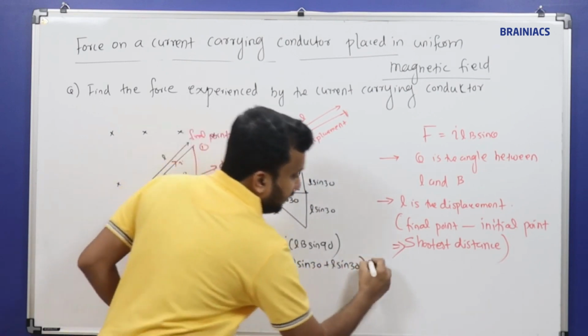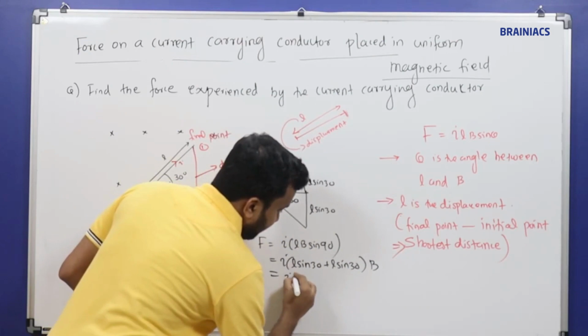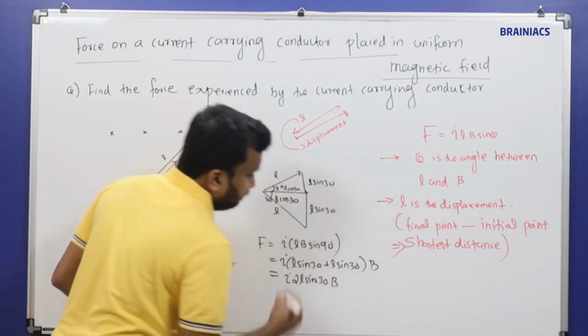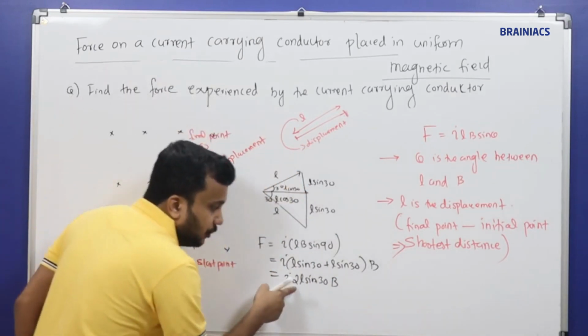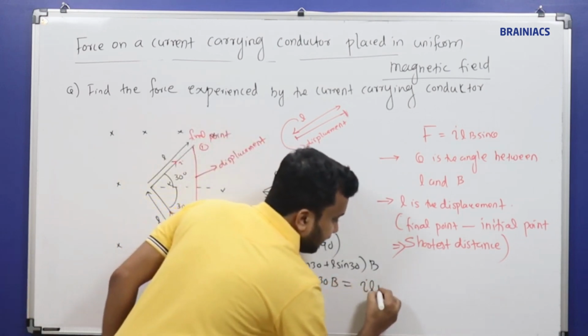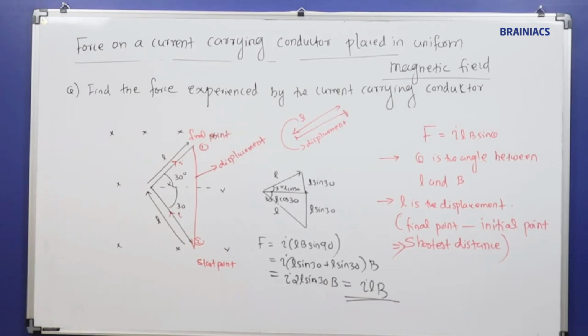So L is over. Next, B sin 90 is 1. So I into 2L sin 30 into B. Sin 30 is 1 by 2, so the 2s cancel. So what comes as the answer? ILB. This is what we got in the previous method also, right?